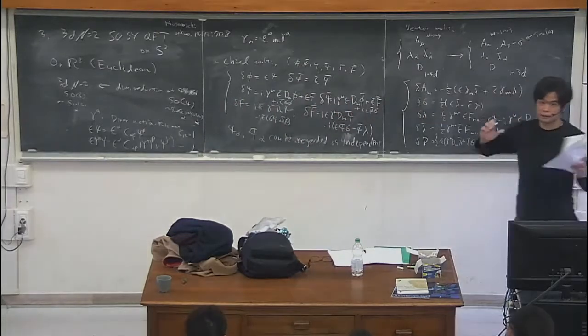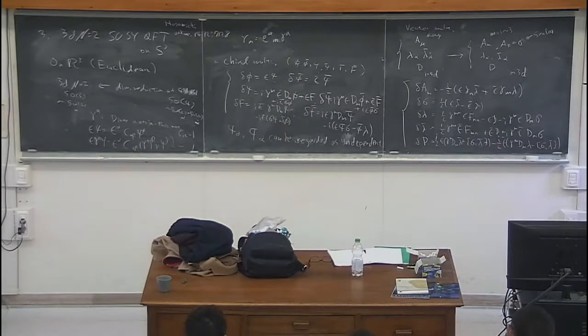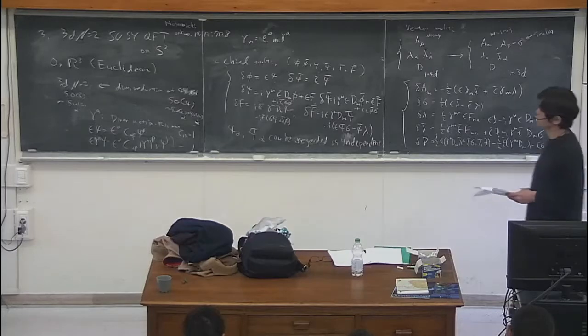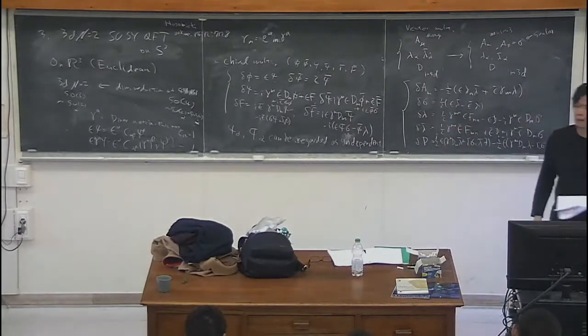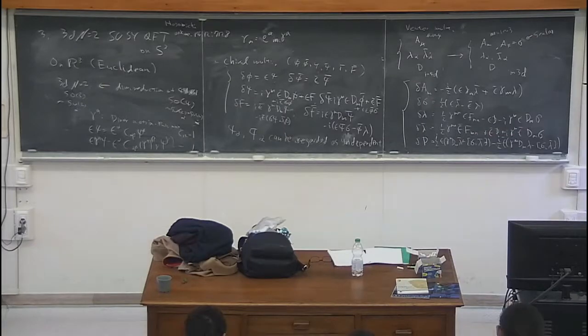Typical one is S3. So we will consider next this theory on S3. So we need supersymmetric field theory on curved space. That subject is not so typical in the particle theory community, or at least for the students.